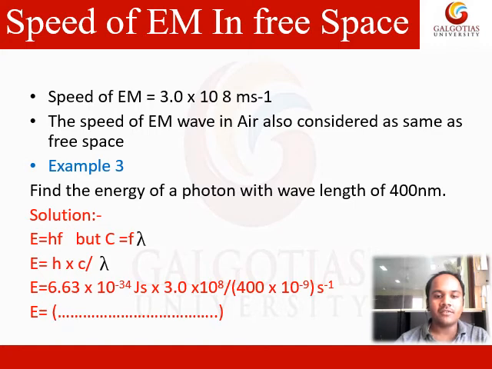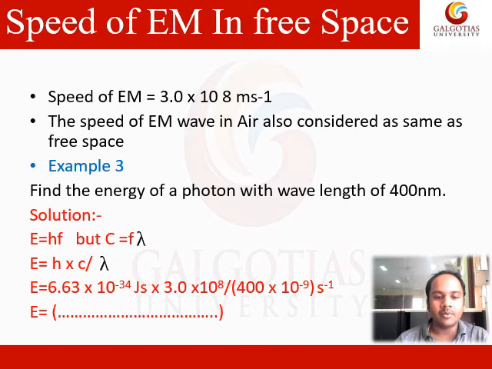Find the energy of a photon with a wavelength of 400 nanometers. So here the example is to calculate the energy required for a photon having a wavelength of 400 nanometers. You can see here E is equal to hf, but we have C here. C is equal to f lambda.